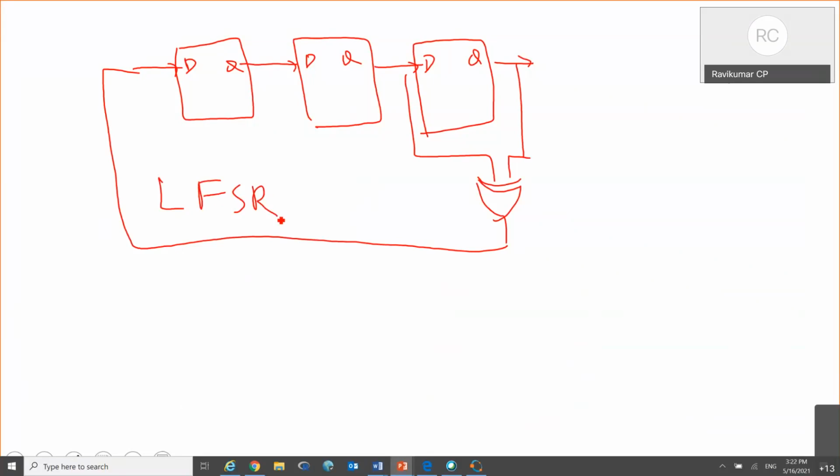Now, where is it useful? Let us try initializing the LFSR to, let us say, 001. Now, can anybody tell me what will happen if I clock this? What will be the new state?